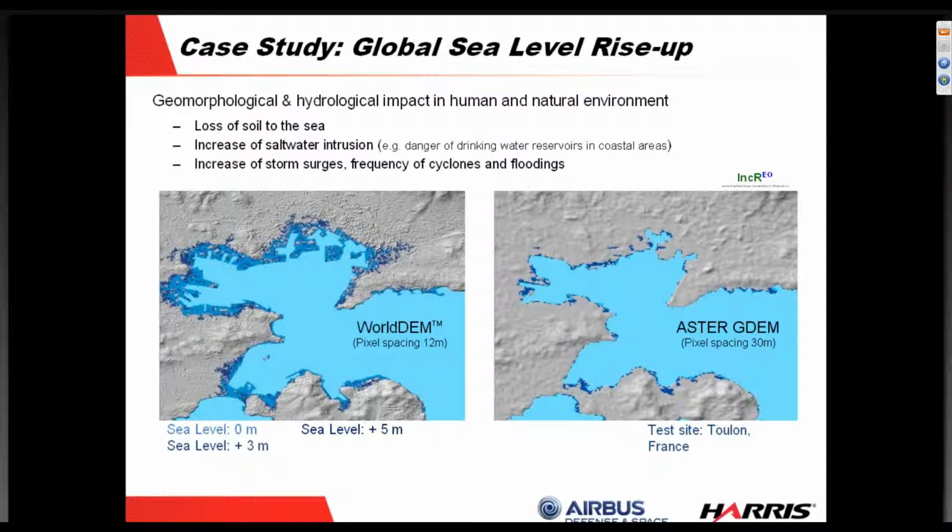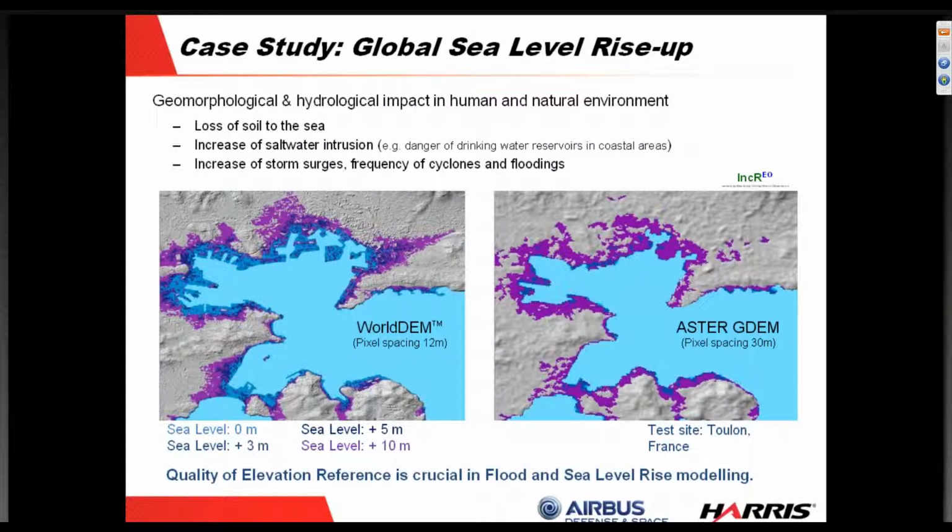We also can see on land that it makes sense that the water runs along this hill. On the other elevation model, we have patches of water, which makes no sense. So this is a clear example demonstrating quite impressively how crucial the quality of elevation reference is for hydrological modeling. Thank you, and back to Pat.